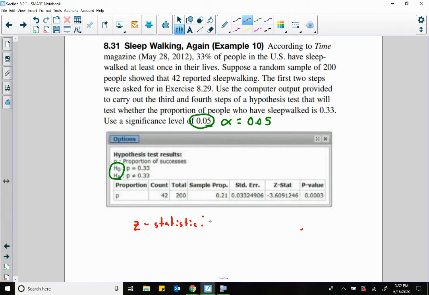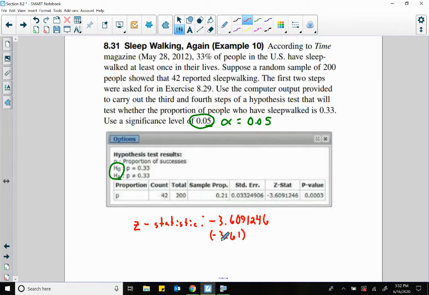So it is negative 3.6091246. They probably have you round to 2 decimals because most of the z statistics are rounded to 2 decimals. So they probably said negative 3.61 as the answer. Okay.